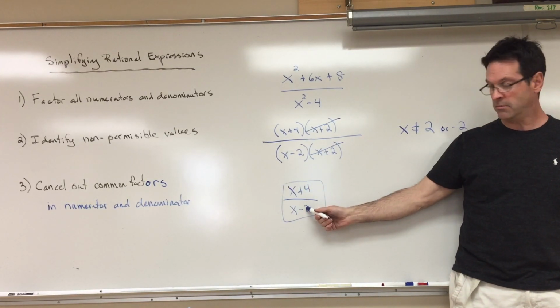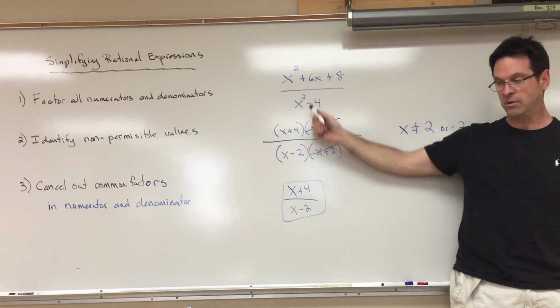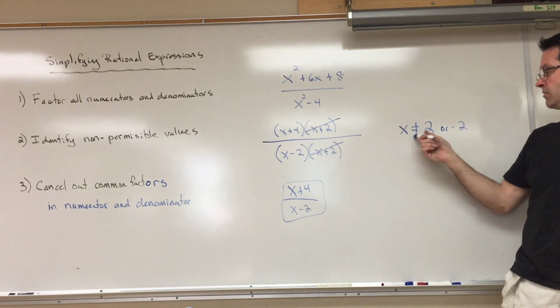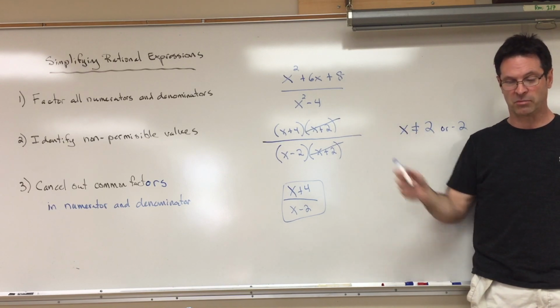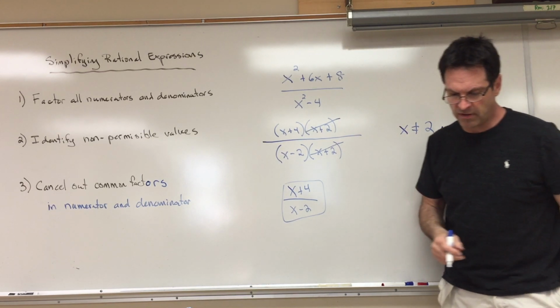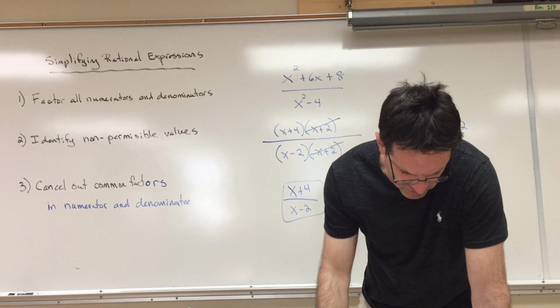This is equivalent to what we started with, but we also take into account the values that we're not allowed to substitute into x in the original expression. So that should help you as you start to work through simplifying expressions.